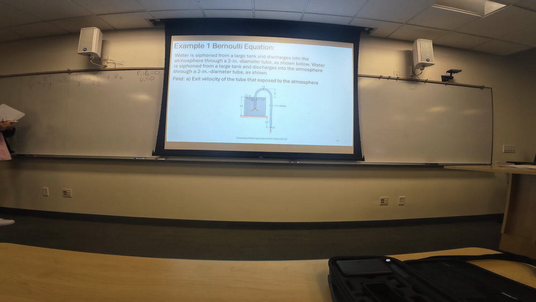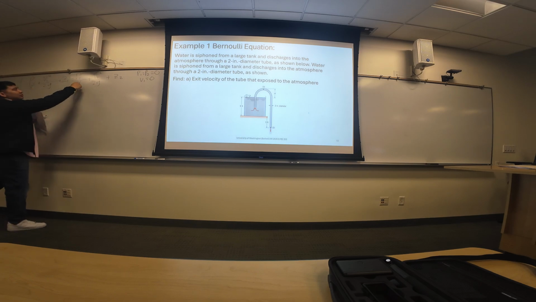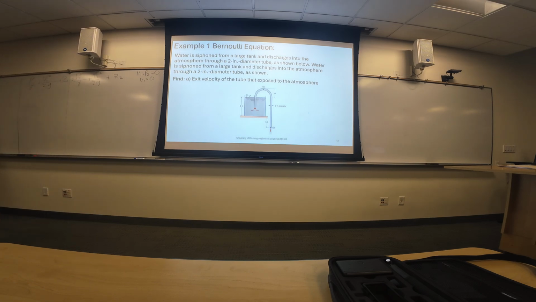So V1 is 0, and this whole term is gone. The other one, moving down here, is what we're solving for. Any questions so far? Not too bad, right?